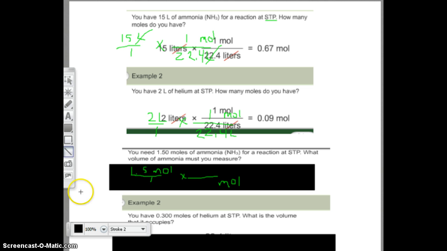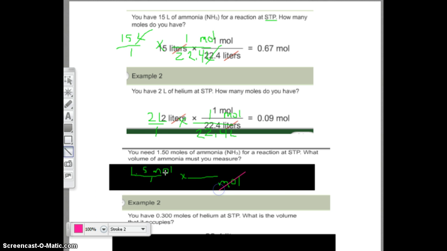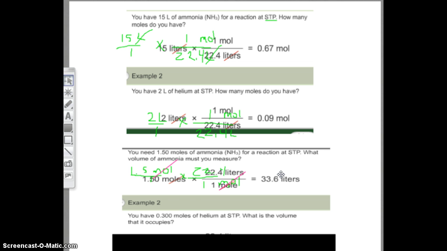If you're not canceling off your unit, you're not setting up your fractions correctly. So that's what you want to look for, that you're doing the canceling off. All right, and 1 mole is the same as what? 22.4 liters. This time you're multiplying 1.5 times 22.4, and your answer is 33.6 liters.